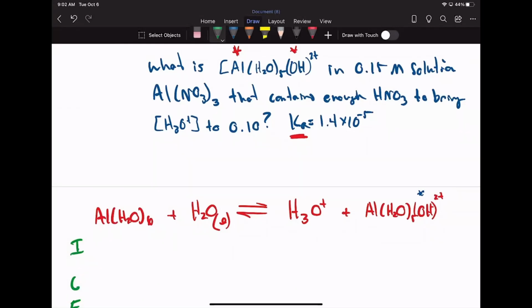AlNO3. So here my initial concentration is 0.15 molar. Again, we have to take a look at this and determine our spectator ions here.